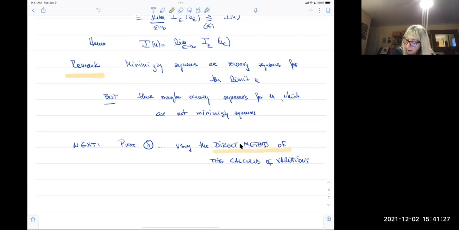First, I have to give you an abstract tour of what this direct method is, which I'm going to set up in a very general setting that has nothing to do with our problem. Then we're going to apply it to our problem to prove that indeed for every epsilon fixed, there is a minimizer, which is what we've been calling U epsilon, okay? But first I need to introduce this concept of the direct method of the calculus of variations, which is very powerful. There's very little that you do in the calculus of variations without using the direct method, okay?